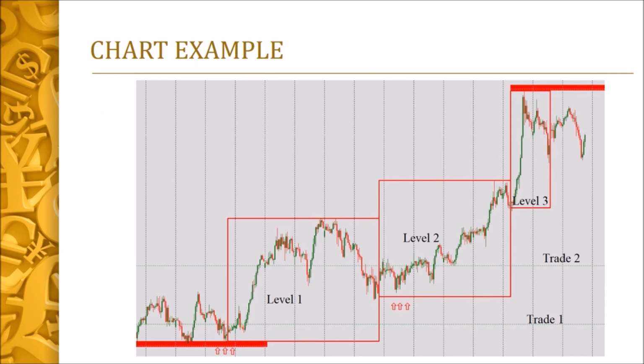This is a chart example. It was actually a snippet of GBP against yen, where I marked the levels from level 1, level 2, level 3. This was the peak on this pair, meaning that this was the point where we were going to enter our first trade.